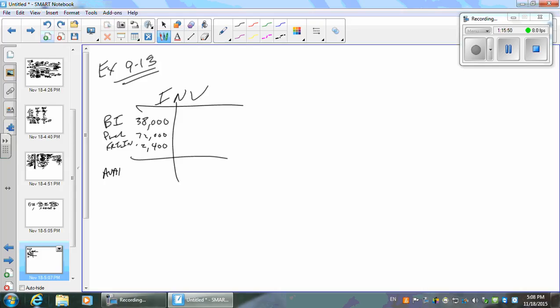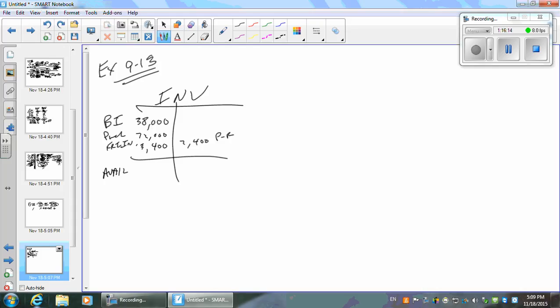Freight in was 3,400, not 2,400. You have purchase returns. What's 2,400? I better pick that up too. Purchase returns and allowances, what does that do to your cost? Reduces it, so that's 2,400 over here, right?